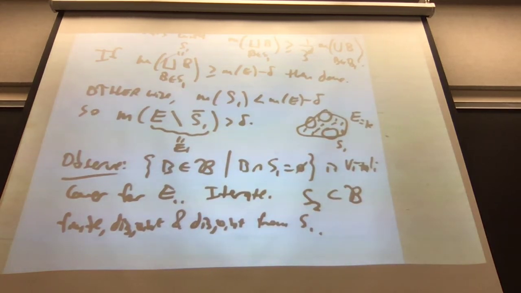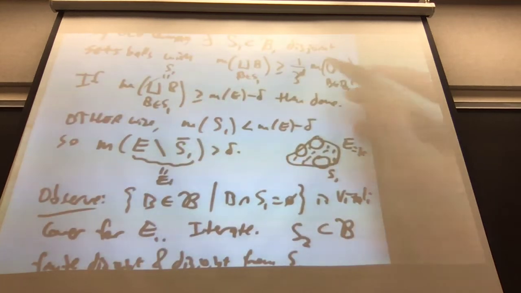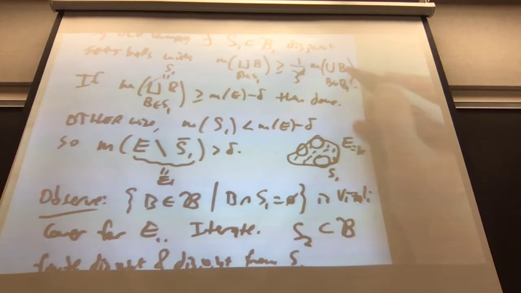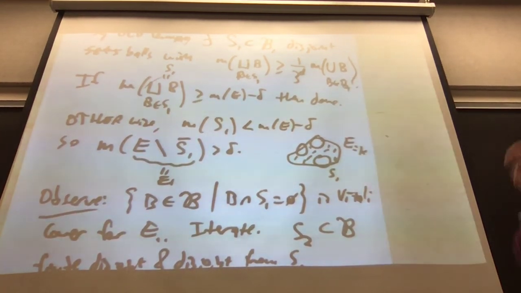And two cases. Case one, oh, by the way, I wanted to say here, all the way back here, the measure of S1. What's the measure of S1? Well, the balls in B1 are a cover for K.